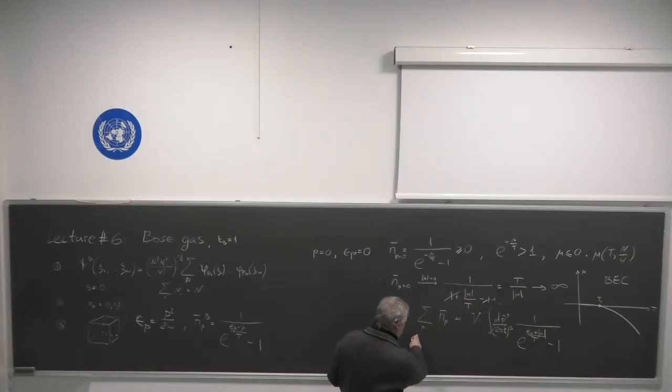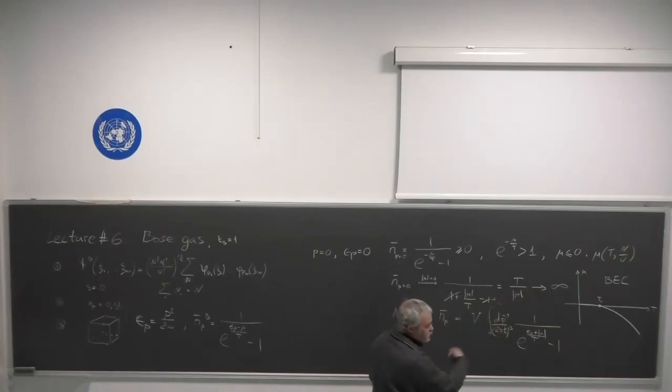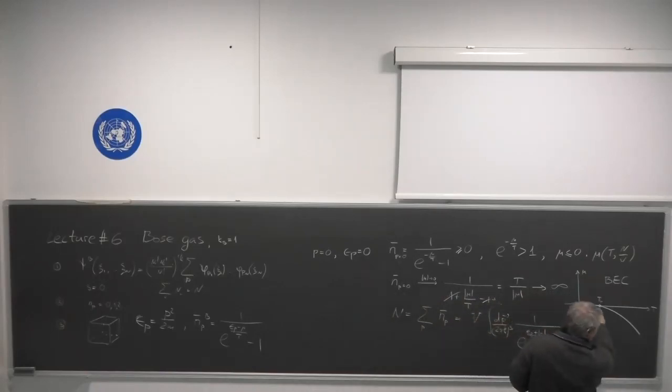This equation is defining the chemical potential as a function of temperature and density of particles. If you resolve this equation as a function of temperature and number of particles, you get a function which is the chemical potential. This is a way how to plot this curve.